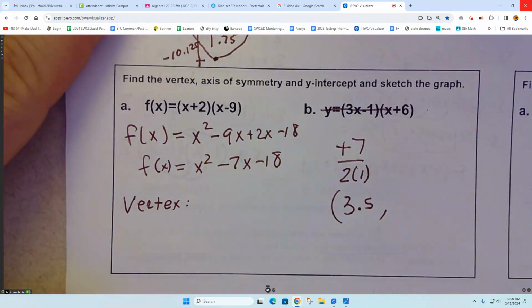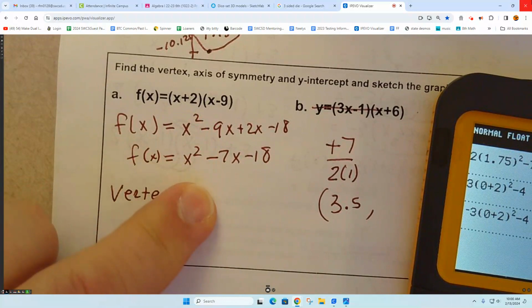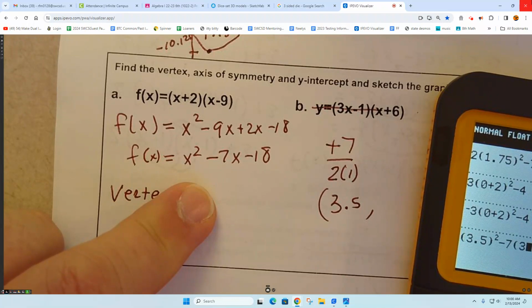You can plug in 3.5 into the first equation or the second because we assume that they're the same. Which one do you think is easier? Second. Okay. So parenthesis 3.5 squared minus 7 parenthesis 3.5 minus 18.